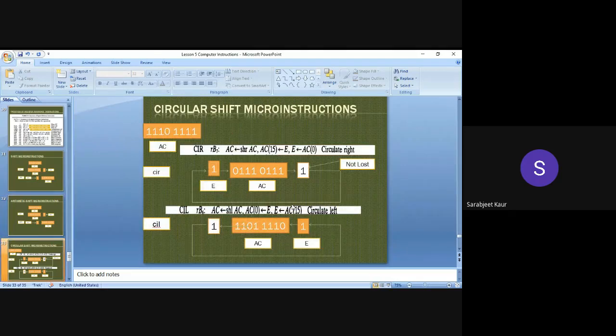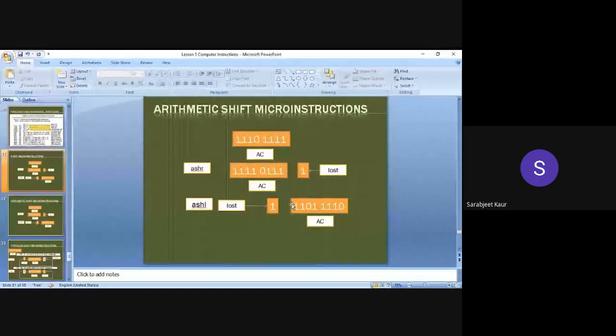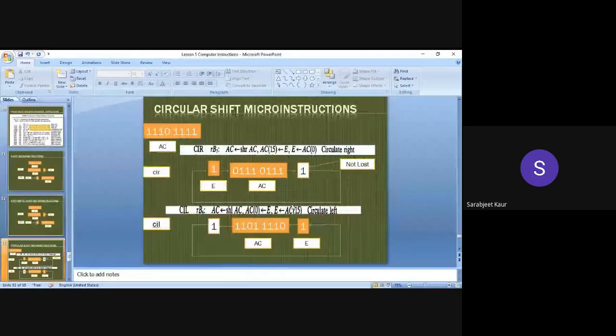Sometimes these questions come that if these are the original contents of AC, then what would be the contents of AC after we perform circular right or circular left, or arithmetic right or arithmetic left, or shift right or shift left. So you should ideally do these two or three simple calculations by hand.